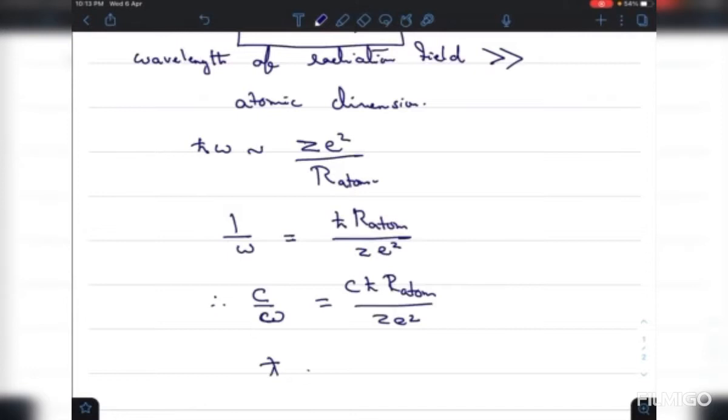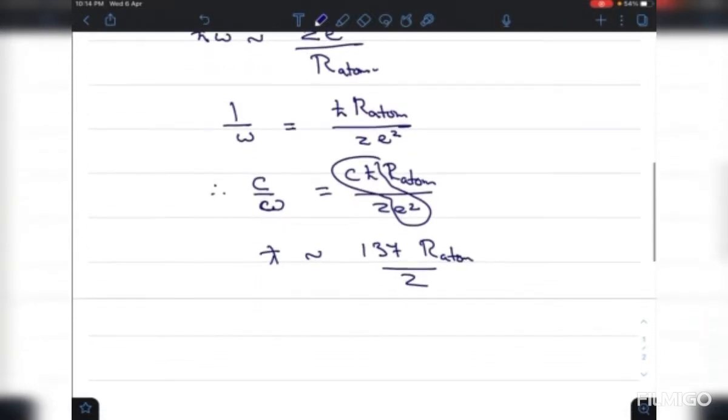It is approximately equal to c h cross over e squared, these are all constants, that is given by 137, you put the value of c, h cross and the electric charge, times R atom divided by Z. R atom is the atomic dimension.